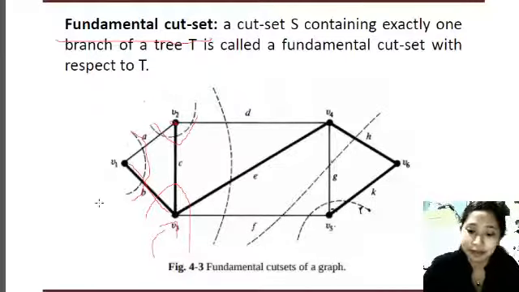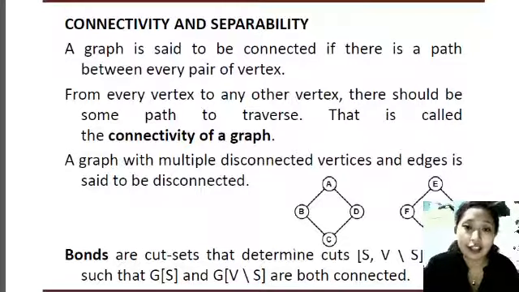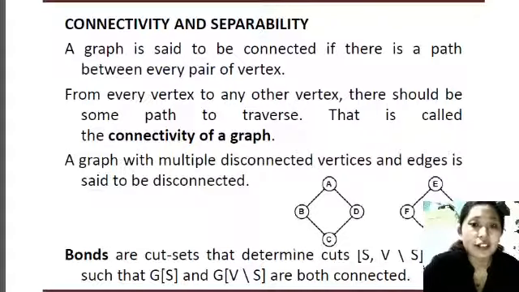Okay. So next we are going to see connectivity and separability of a given graph. Connectivity is related to connectedness. How to define whether a graph is a connected graph or not? We can say that the given graph is connected when there is a path between every pair of vertices. That means starting from a vertex, you can reach all other vertices.